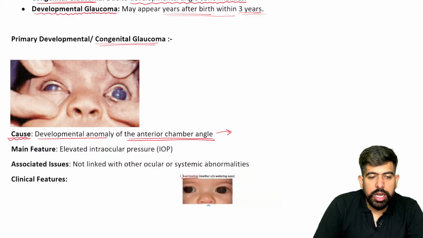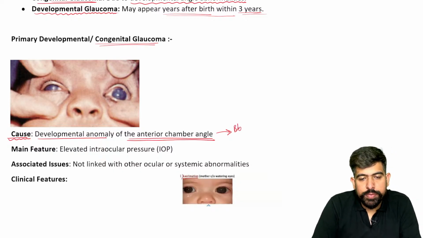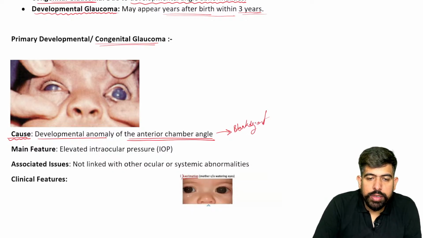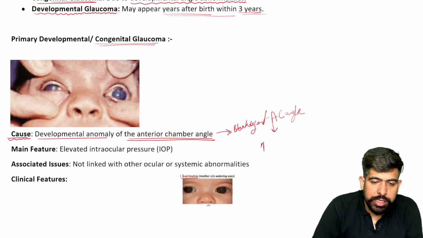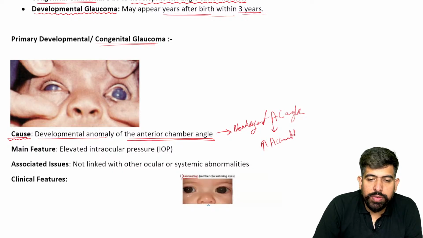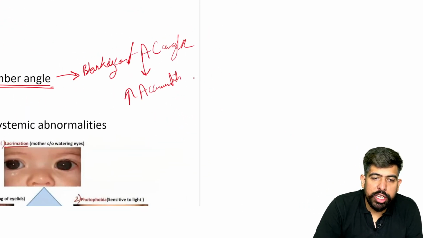So due to this developmental anomaly, there is a blockage of the anterior chamber angle, and due to this blockage there is an accumulation of aqueous humor.